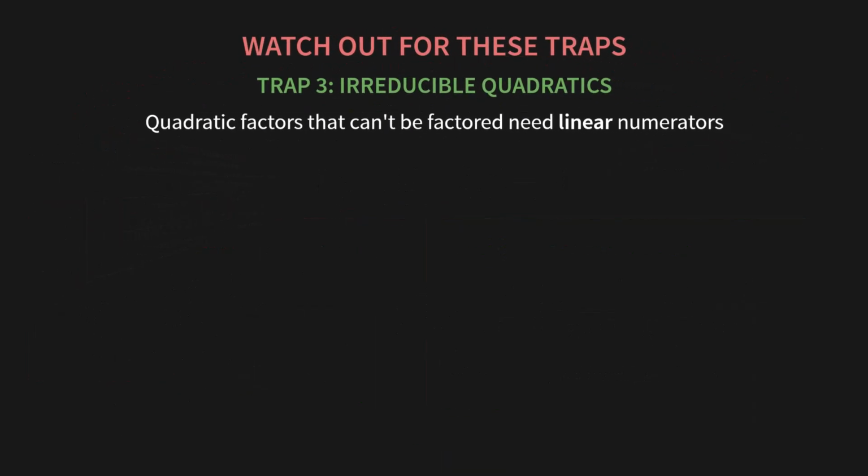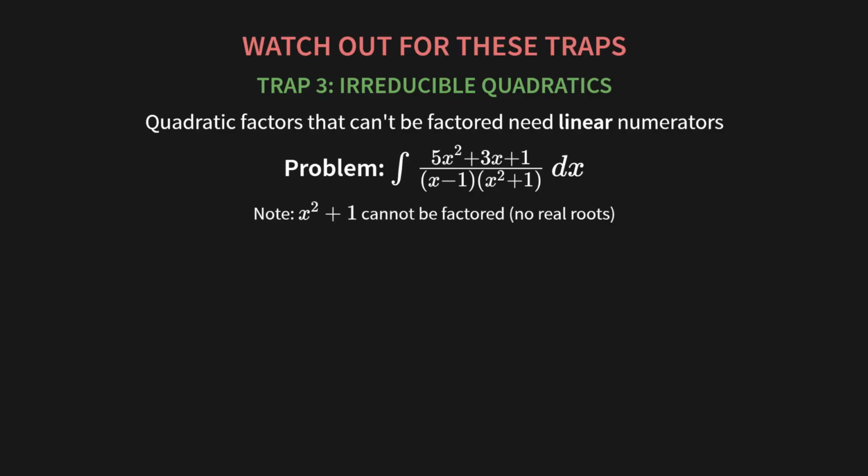And trap 3, irreducible quadratics. These are quadratic factors that can't be factored any further, and they need linear numerators. Look at this problem: the integral of 5x squared plus 3x plus 1 over (x minus 1) times (x squared plus 1). Note that x squared plus 1 has no real roots. You can't factor it.